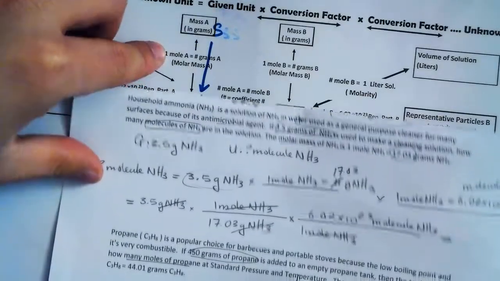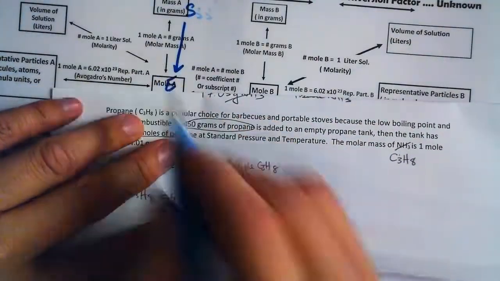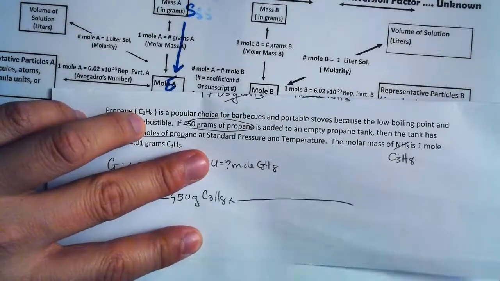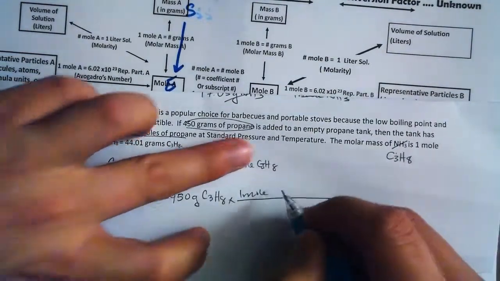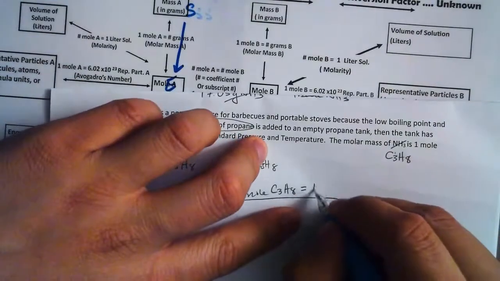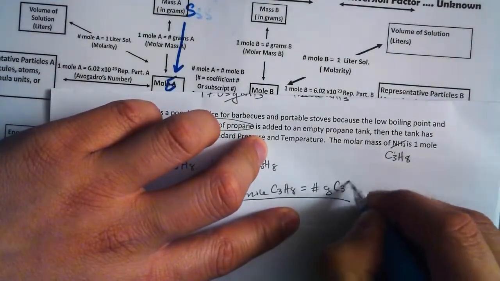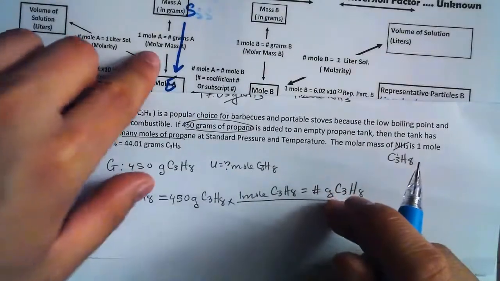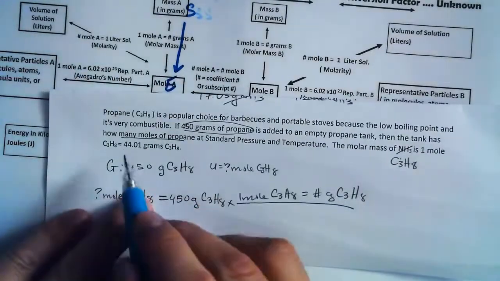Going down, that's the only one. So times that conversion factor, which is equal to 1 mole of C3H8 equal to number of grams of C3H8, but we know that that number is the molar mass, and it is given to us.